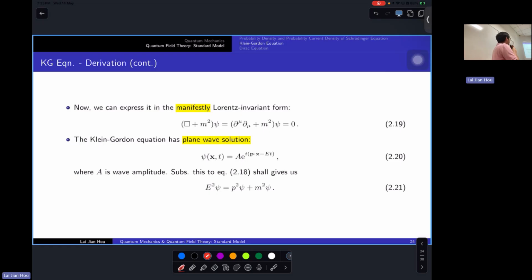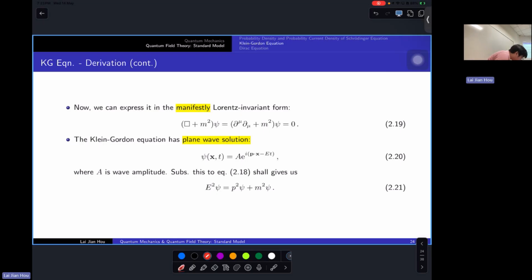So in the sense that now the equation is Lorentz invariant. The part that I highlighted in yellow, I'm not sure why this is manifestly Lorentz invariant. Why is this one highlighted in yellow color? I don't know.